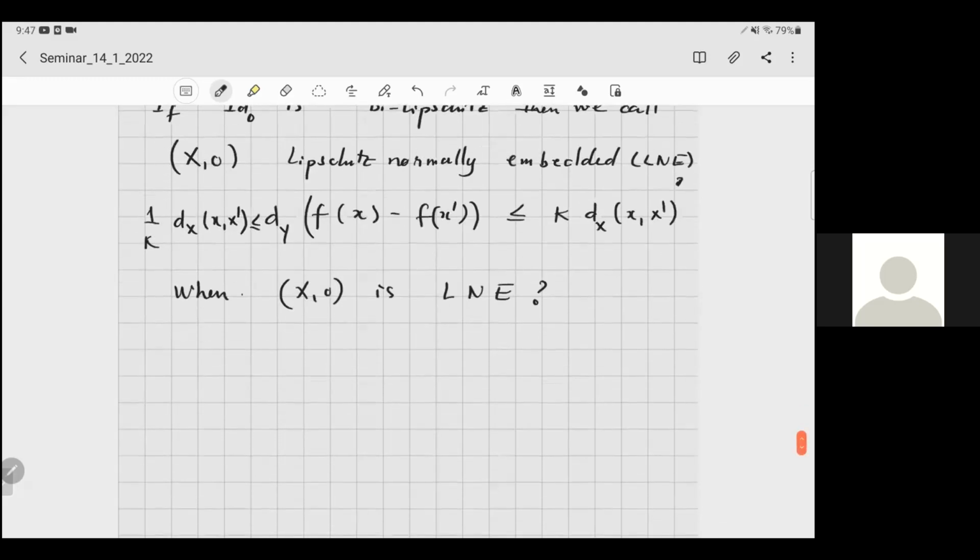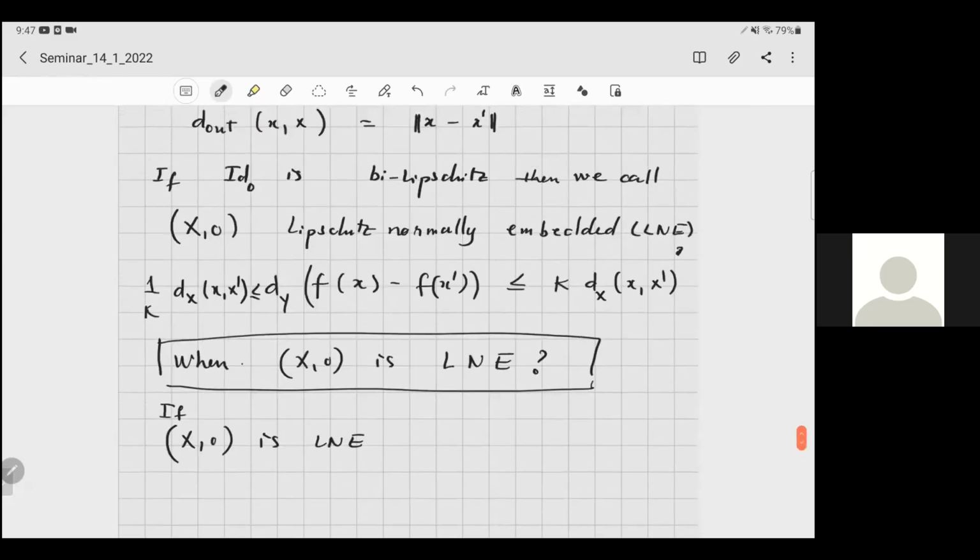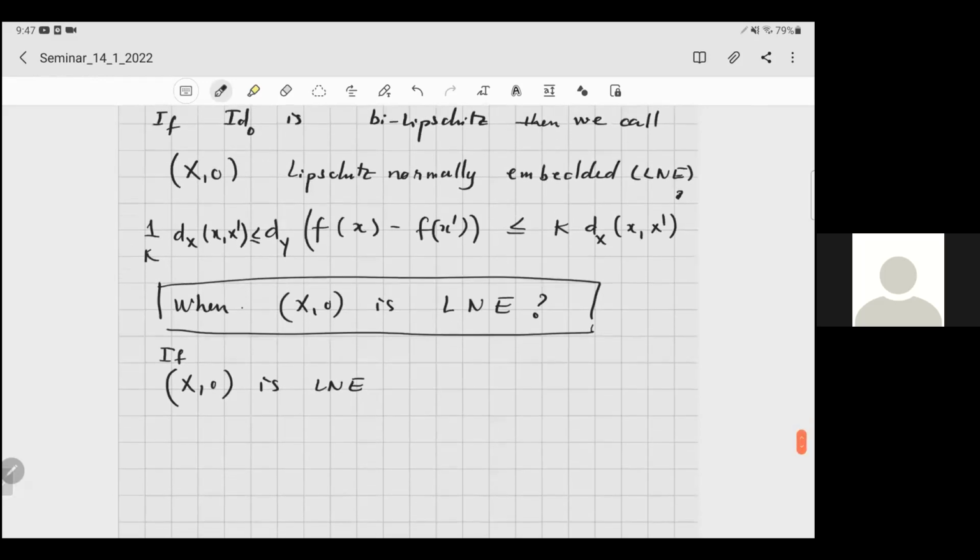So the conjecture. Actually, by the above, if x is LNE, it means the inner metric and outer metric are bi-Lipschitz equivalent. I have explained above, so we get that the identity map is an isomorphism.